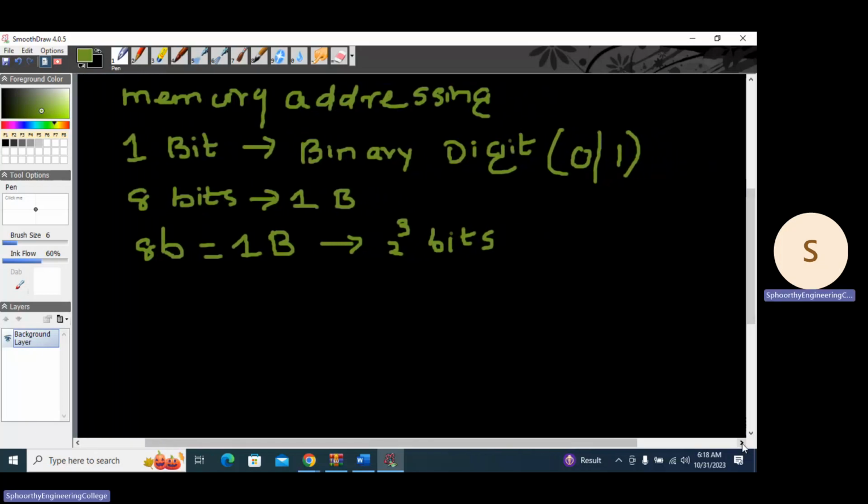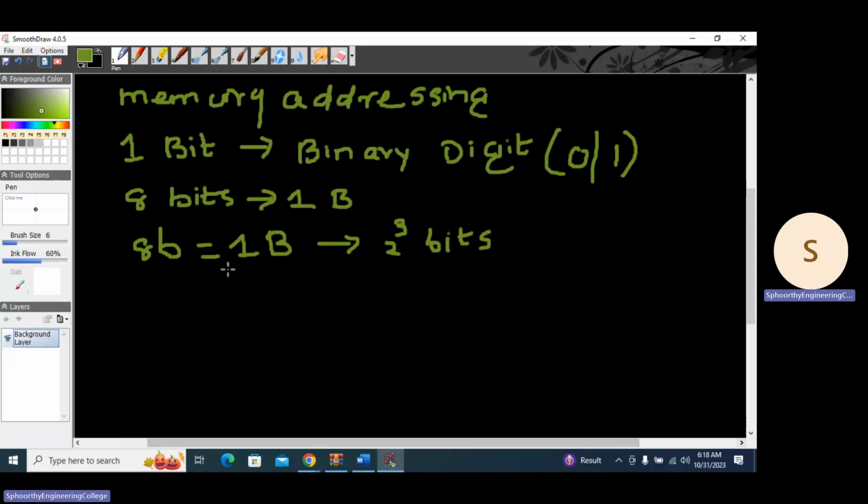So 8 bits is equal to 1 byte. Now 1k, 1 kilo. See here, I am not writing bit or byte, I am just saying how much is 1 kilo. 1 kilo is 2 power 10. 1 mega is 2 power 20.